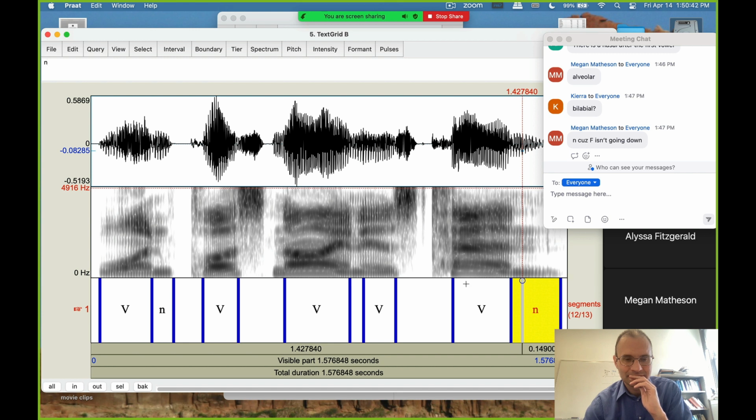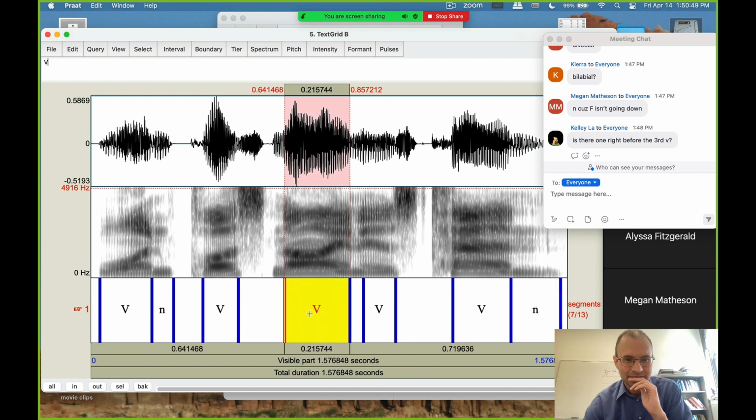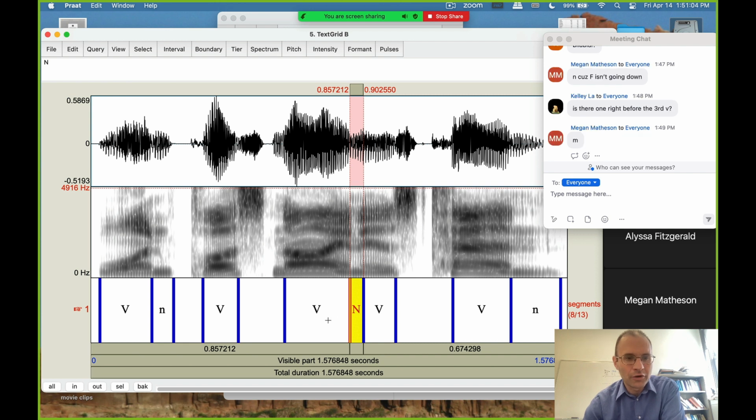In the middle, between those two vowels. Yeah, between that one and the next one, that little space right there. Would that be a nasal? It's hard to tell because it's really small. I think it is. Yeah. One right before the third vowel, and yes, there's one here too.